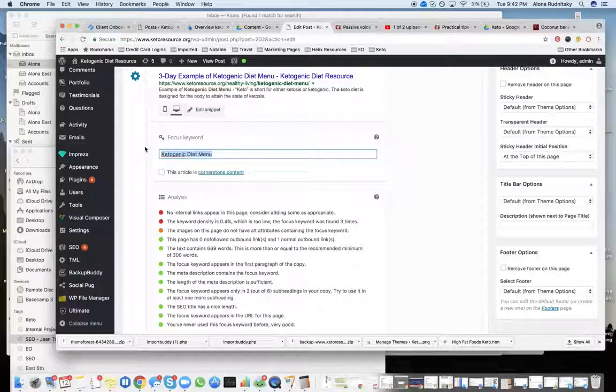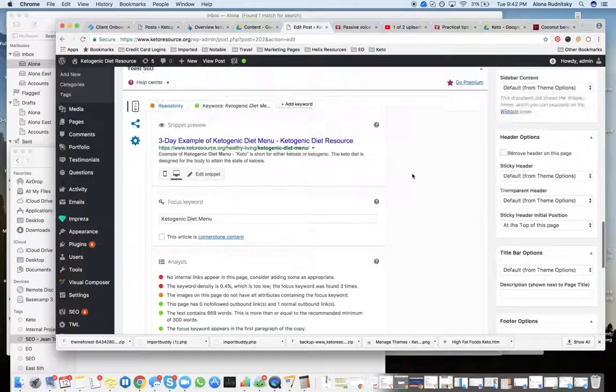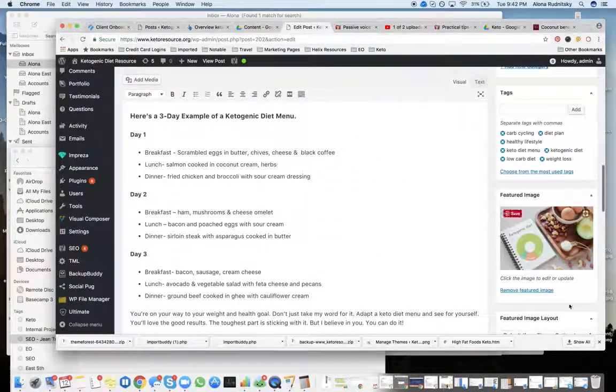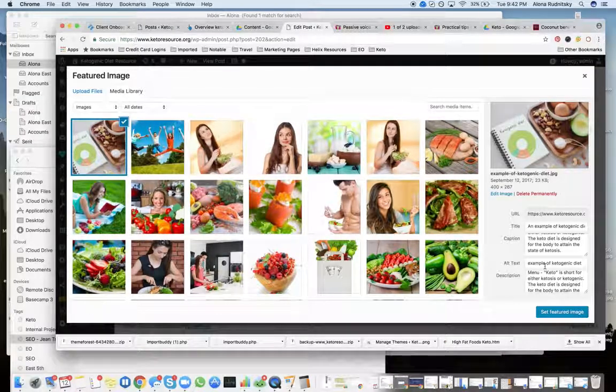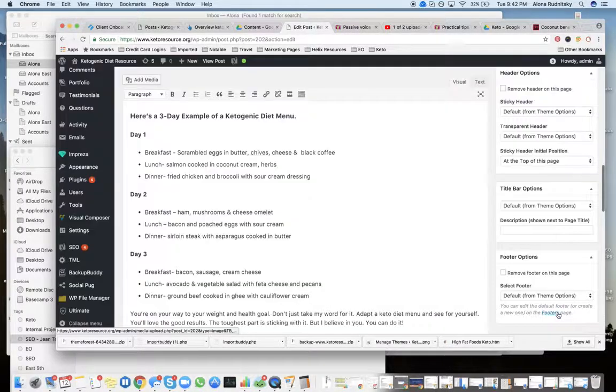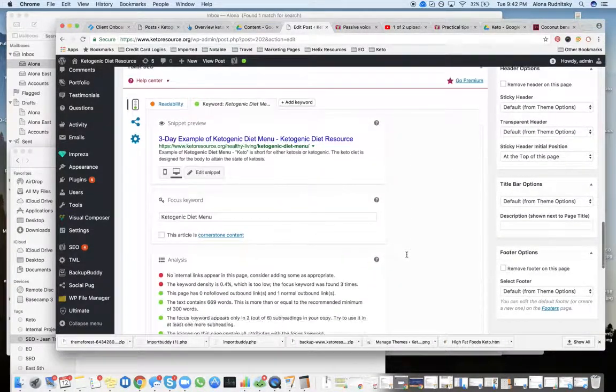Keto diet menu is the keyword. The keyword density is 0.4. So let's say it said no. Because the alt text is actually the keyword, now we should be good.